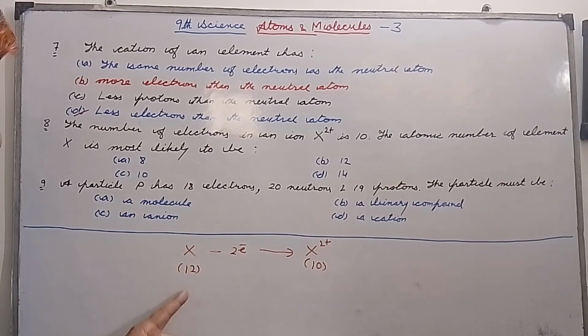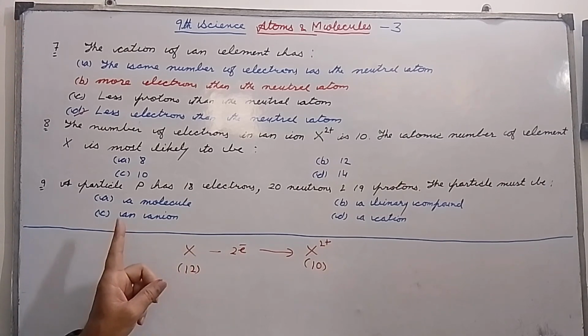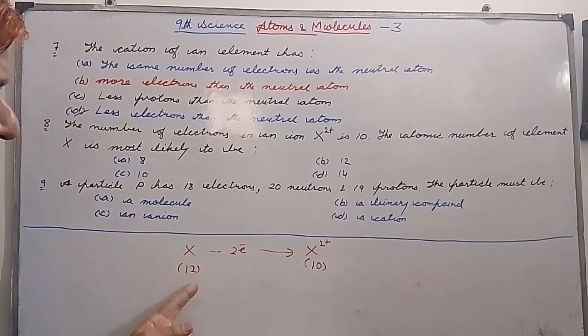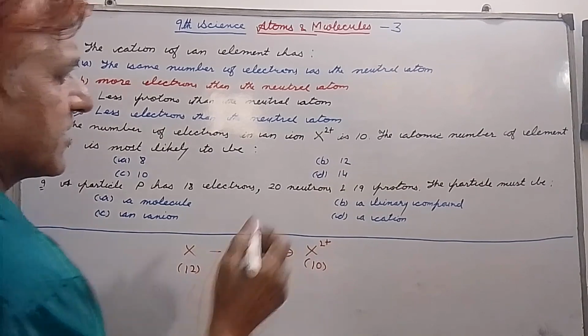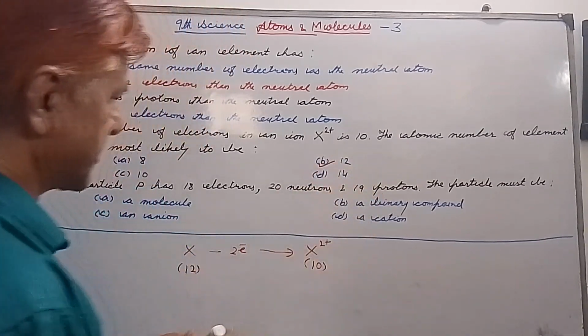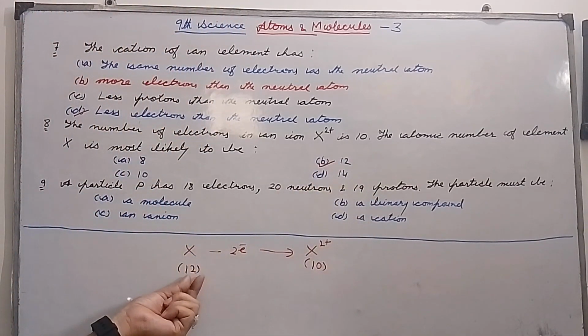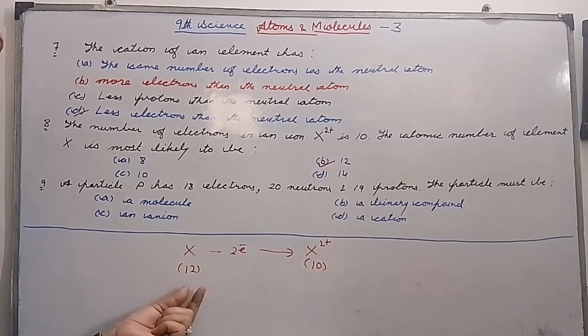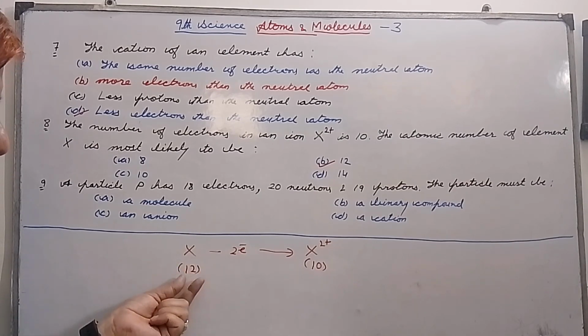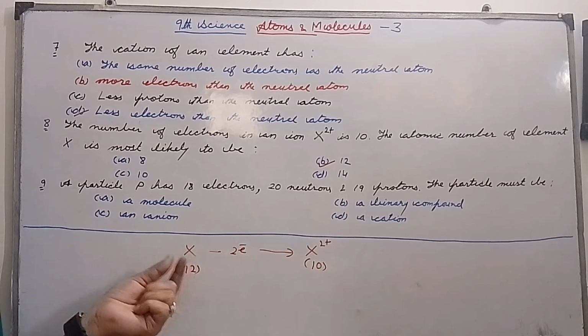So number of protons is also 12. So it means that atomic number will also be 12. So B is the correct option, because atomic number is equal to number of protons. So it has 12 electrons, it means it will have 12 protons also, and the atomic number of an element is always equal to number of protons its atom has.